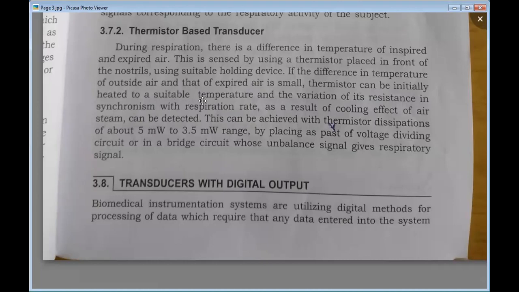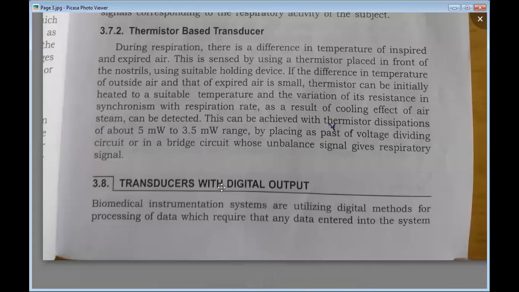When the air is inhaled and expelled, there is a temperature variation. By identifying that temperature variation, we can identify the lung capacity. In the inhale and exhale process, we place a thermistor at the nostril point, so there we can identify the difference of the temperature.